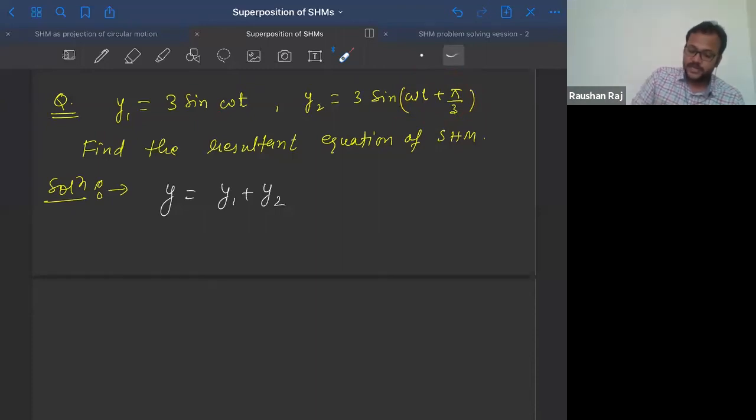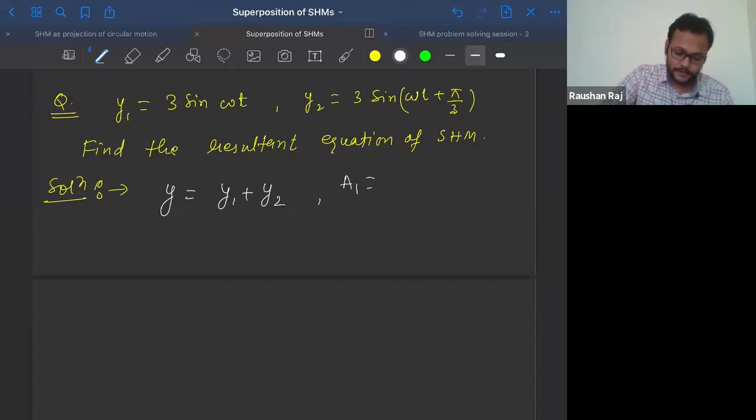Which has the larger phase? Y2. Which has the smaller phase? Y1. So which one should be considered A1? This 3. But luckily here A1 and A2 are the same. So A1 is 3 here, and A2 is again 3 here. So the amplitudes of both simple harmonic motions are given to us and they are the same.